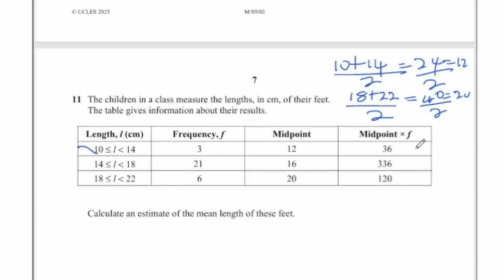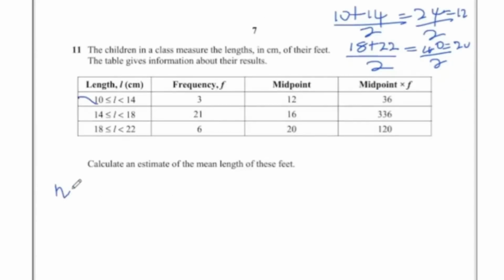Okay, so for fx, basically we are multiplying the frequency by the midpoint. So 3 times 12 gives us 36, 21 times 16 gives us 336, 6 times 20 gives us 120. Now the question is, calculate an estimate of the mean length of these feet. We know that the mean, represented by x bar, is sigma fx over sigma f.